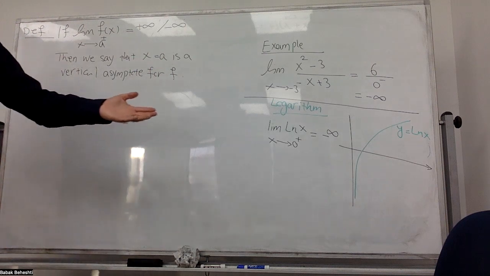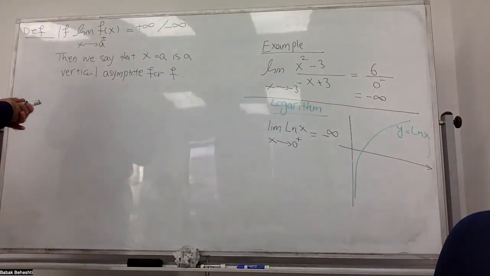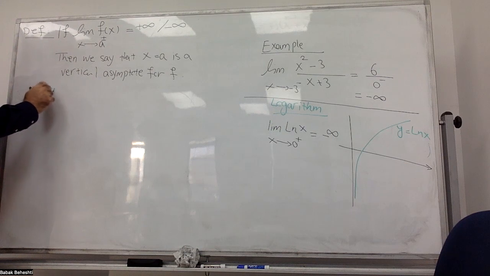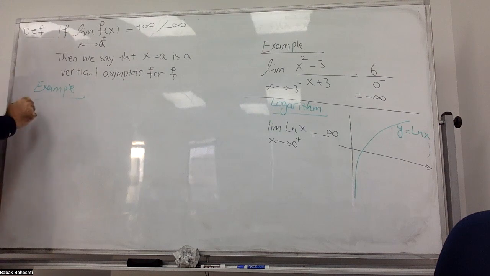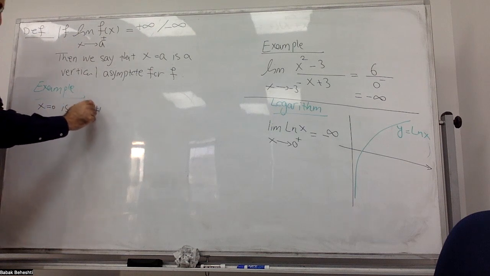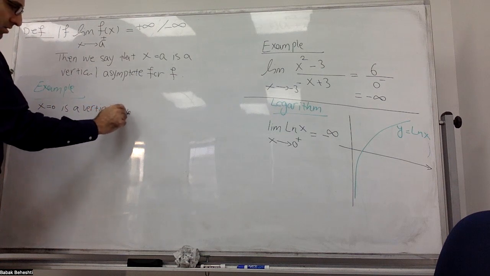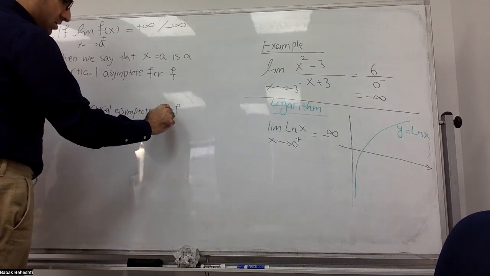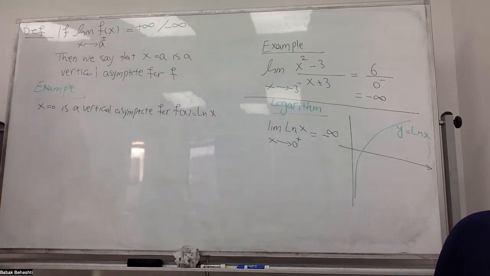For instance, x equal to 0 is a vertical asymptote for log. For example, based on our discussion, x equal to 0 is a vertical asymptote for f of x equal to ln of x, or log x in general.